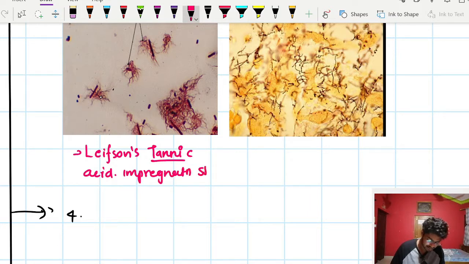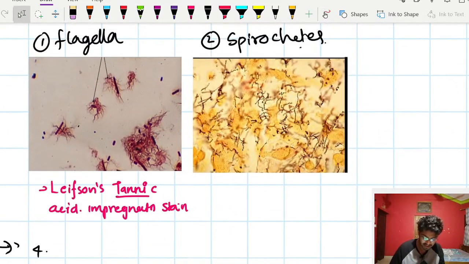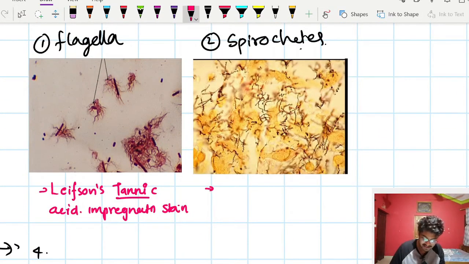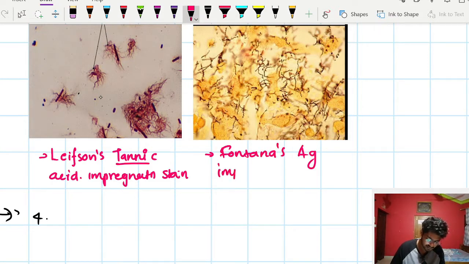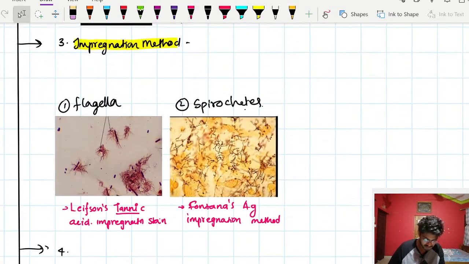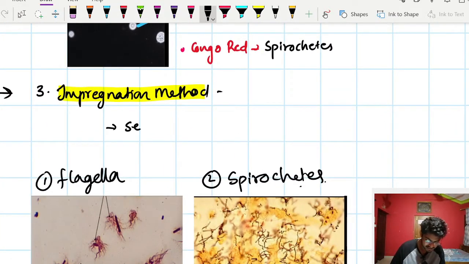So to demonstrate flagella we use Leifson's tannic acid impregnation stain, and to demonstrate spirochetes we use silver impregnation, our Fontana's silver impregnation method. So the impregnation method is used to see structures which are very small in size.